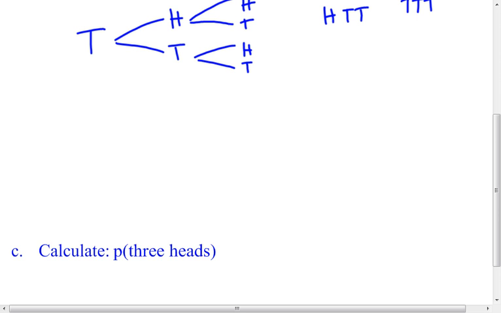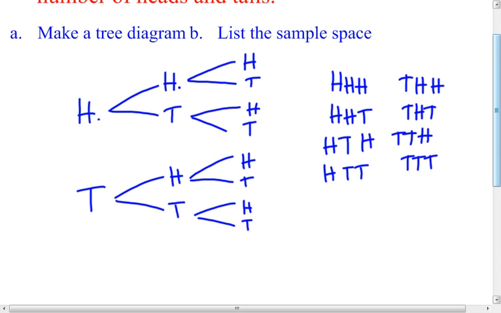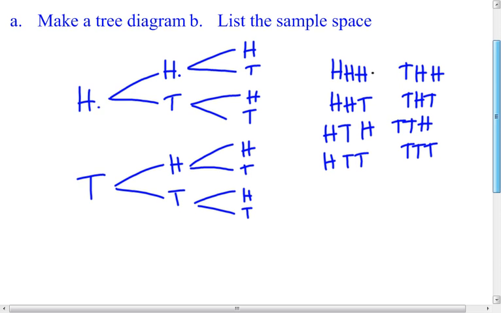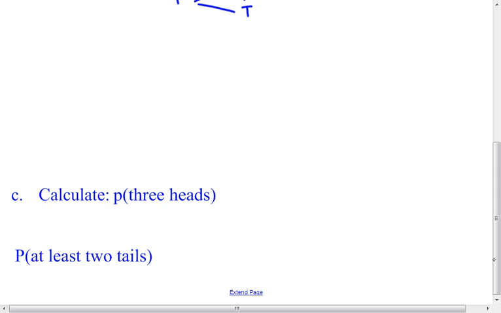All right, and I want to calculate, first of all, the probability that you're going to get 3 heads. The 3 heads are all right here. There's 8 options total, which makes sense because there's 2 options every time you flip a coin. 2 times 2 times 2 makes 8. So all 3 heads, there is 1 out of the 8 options. That's all 3 heads.